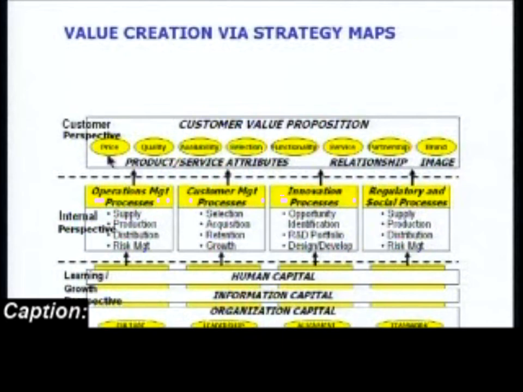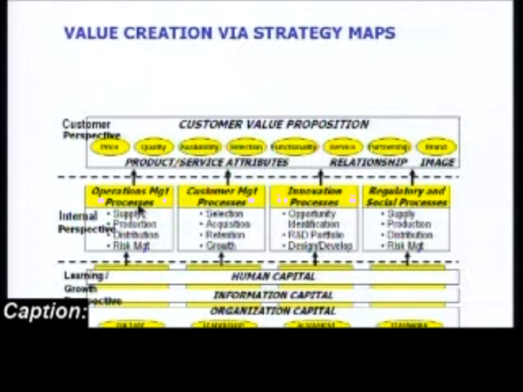These feed into the customer perspective, looking at the customer value proposition, product and service attributes, relationship and image. And you see internal processes arrowed up into customer value proposition.